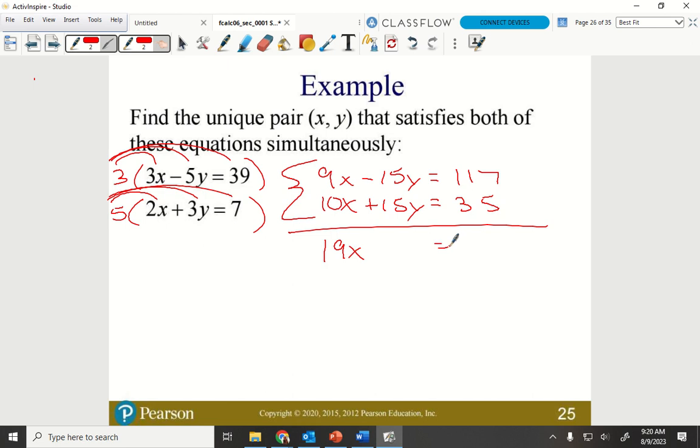So I get 117 and 35, which is going to be 152. And then to get x by itself, I'm going to divide by 19. x is, I think, 8.